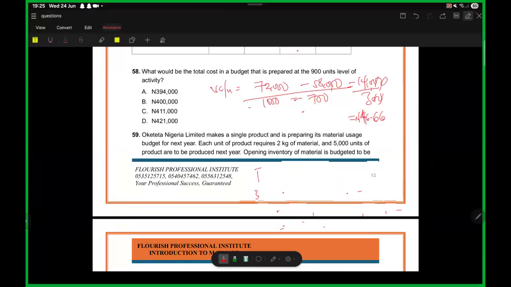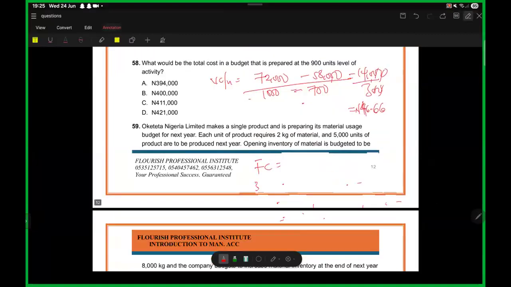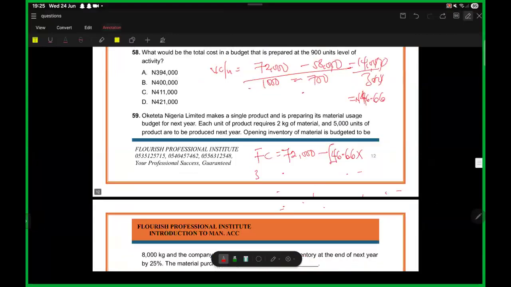Fixed cost is equal to your total cost. So let's pick any of the total costs. I'll pick the 72,000 total cost minus variable cost per unit. So we have the 46.66 times the units at the 72,000, which is 1,000. So what will be the fixed cost over here?